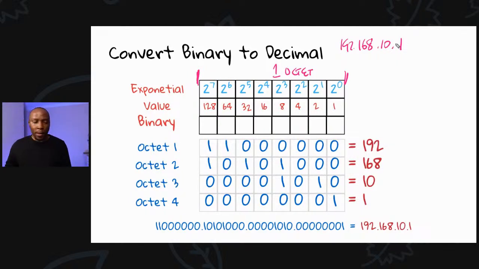For us to convert that IP address into binary, we have to ask, what is 192 in binary? Which numbers do we need to get to 192?